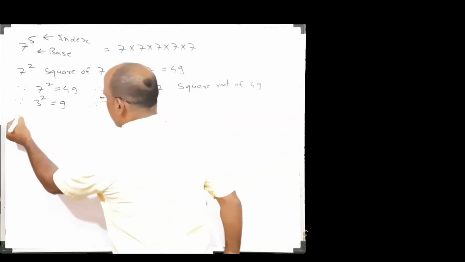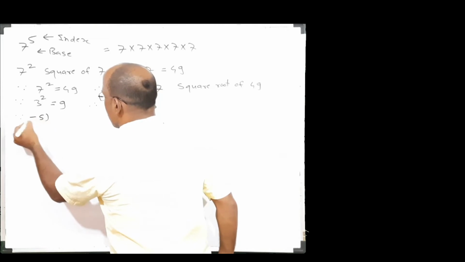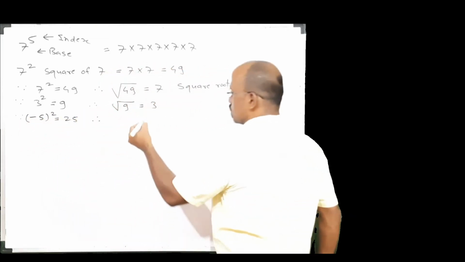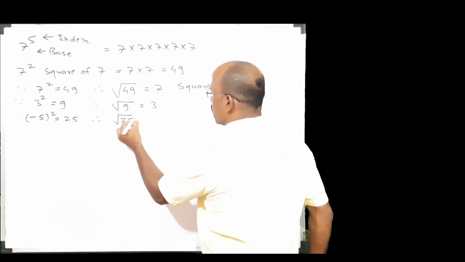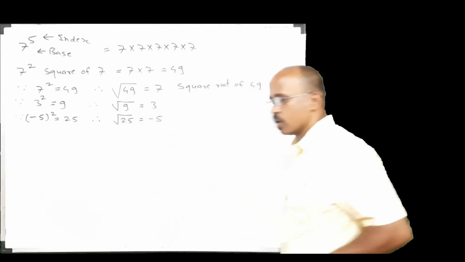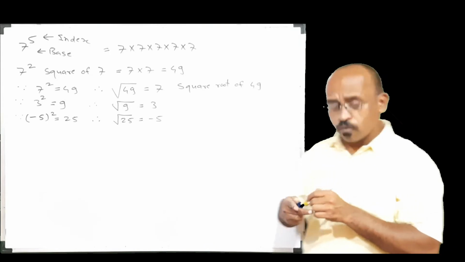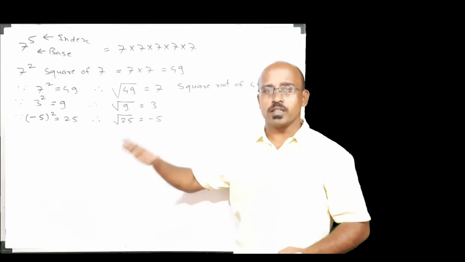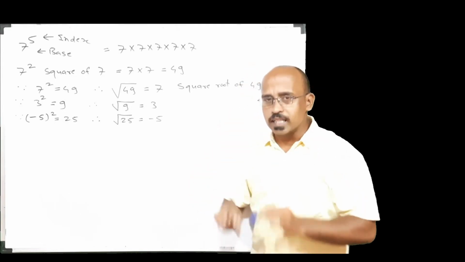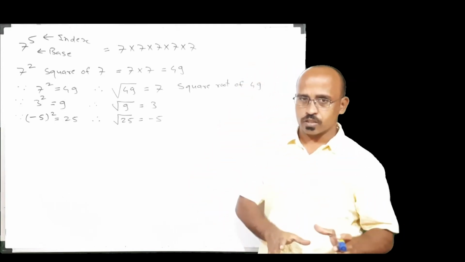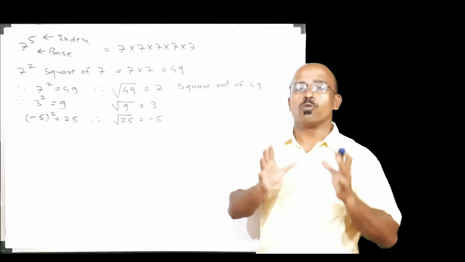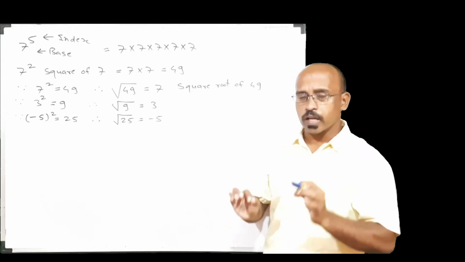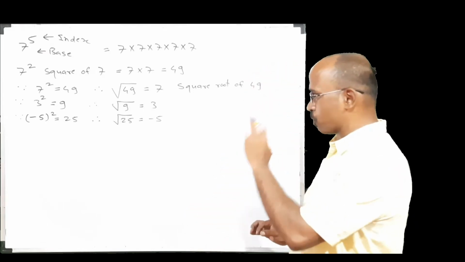For example, if square of minus 5 is equal to 25, then we can say square root of 25 is equal to minus 5. In this video we are going to see the opposite action, how to find the square root of a perfect square number.